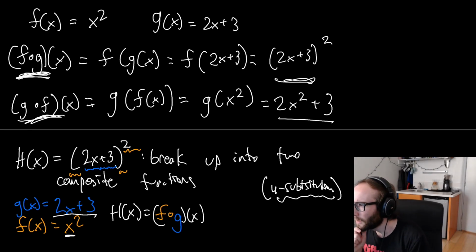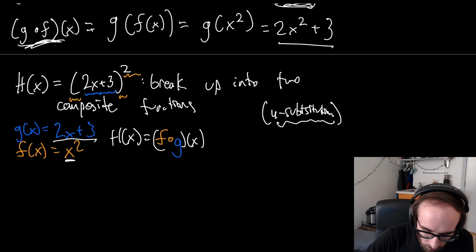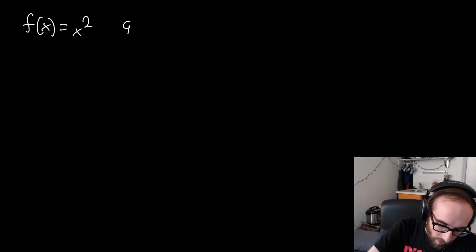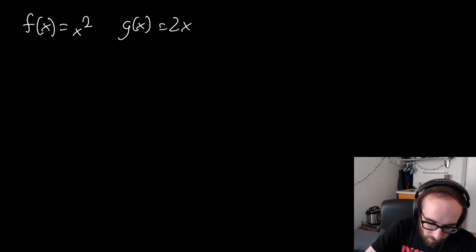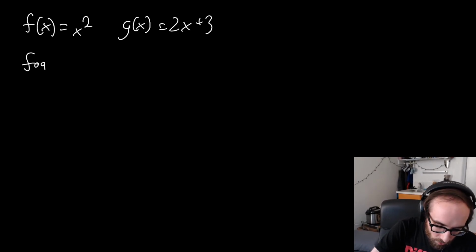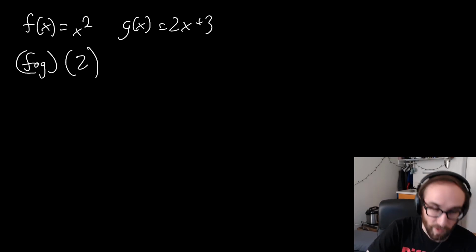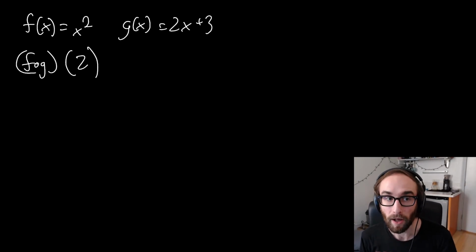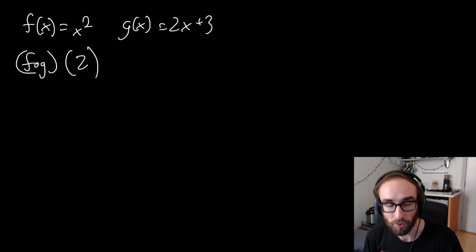All right. Next up, lastly, I want to talk about composite functions and finding specific values. So let's consider, before that same notation we had before, f of x is x squared, g of x is 2x plus 3. We might be asked to find f composed with g of a specific value. So we might be asked to plug in a value, f composed with g of 2.